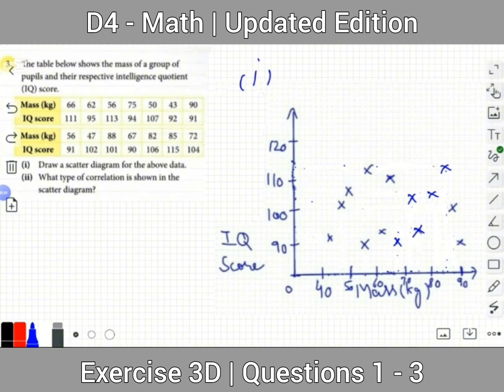Now for part 2, what type of correlation is shown in the scatter diagram? So here we will draw a line of best fit.